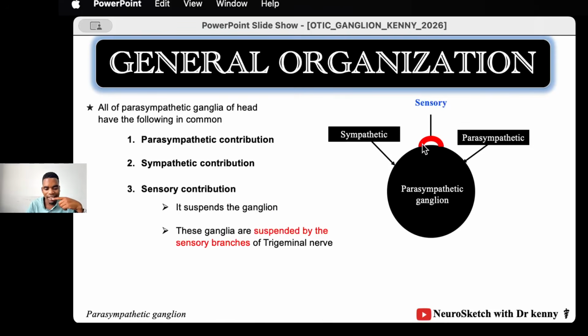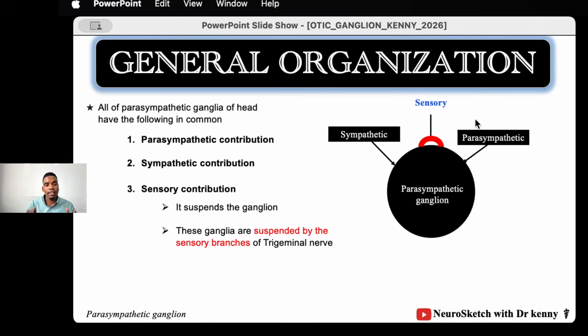But I've put this sign to suspend this ganglion from sensory fibers, because the sensory fibers are actually suspending this parasympathetic ganglion. The sensory fibers do not actually contribute to the function of this ganglion, but rather to the physical attachment, the anatomical attachment, which is also called the topographical attachment of this ganglion.